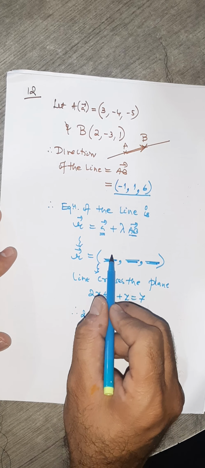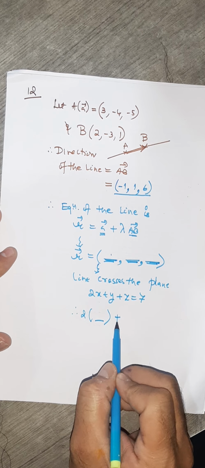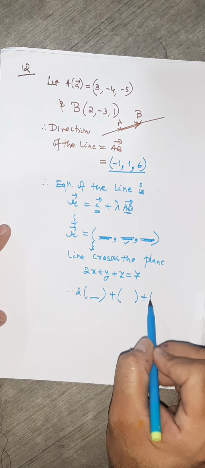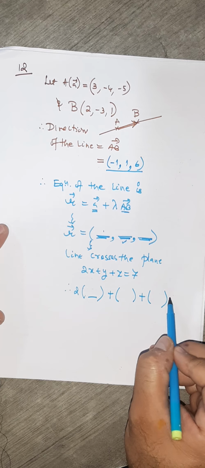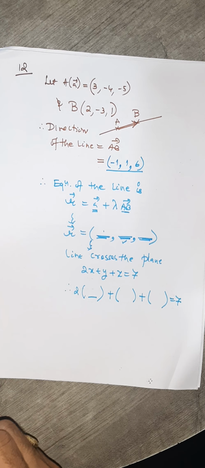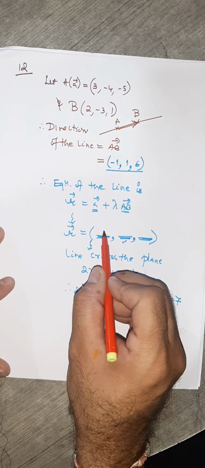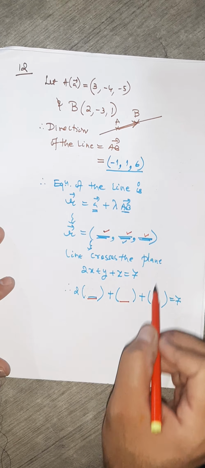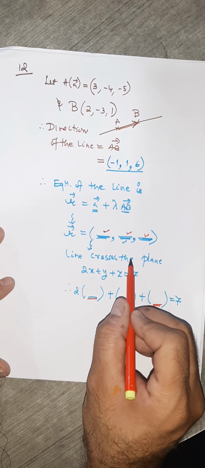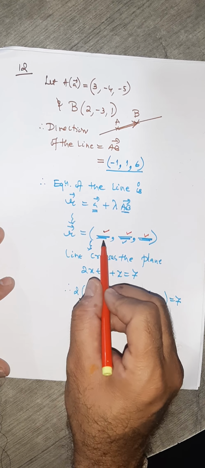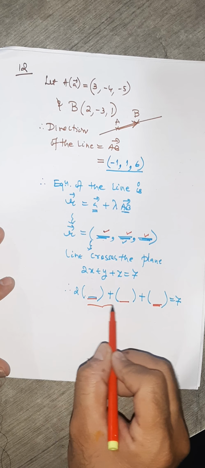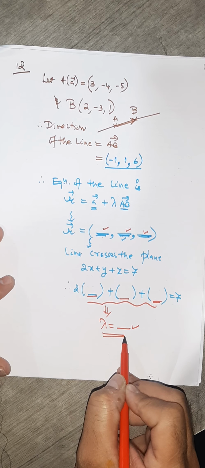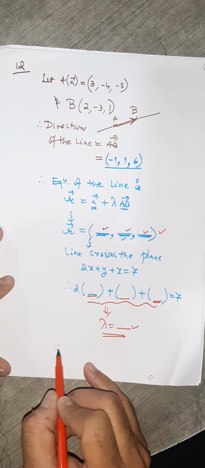So you have 2 into the first component plus the second component plus the third component equals 7. Just put the first component in form of lambda, second component in form of lambda, third component over here, because it crosses this plane. So components of this line satisfy this equation. If you simplify, you'll get the lambda from this, and then put the value of lambda in turn over here, so you'll get the point.